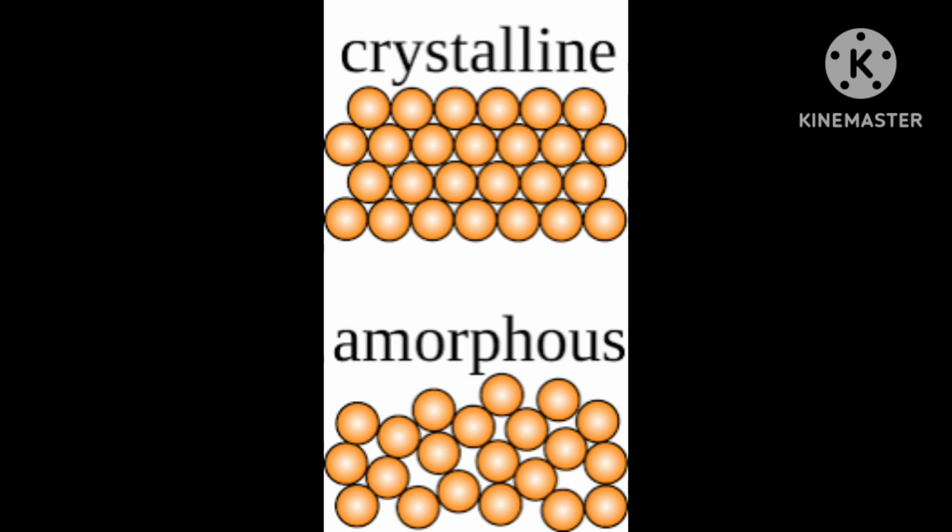Such solids contain polar covalent bonds between H and other electronegative atoms, maybe F, O or N. Fluorine is the most electronegative, you know. Oxygen is electronegative, nitrogen is electronegative. So they have polar covalent bonds between H and F, O or N atoms.